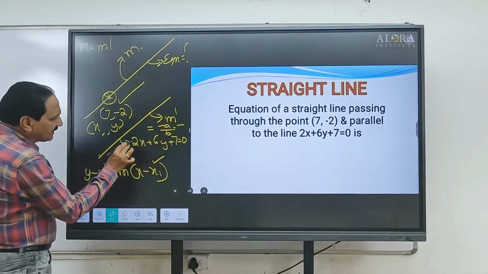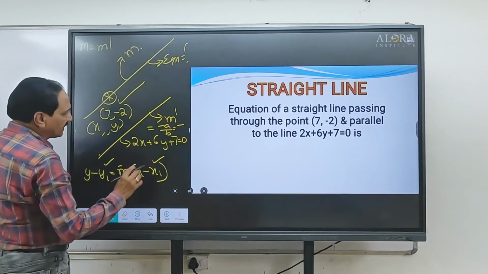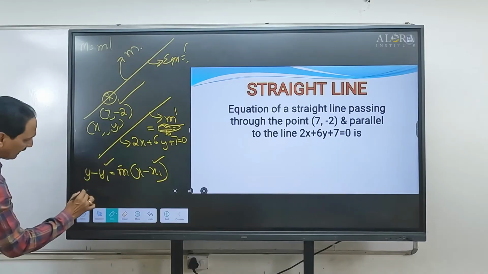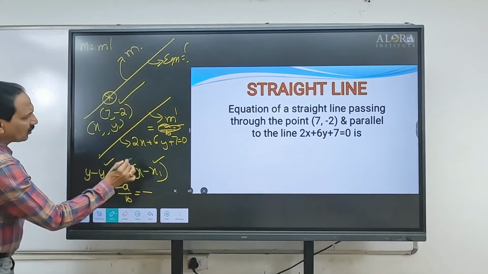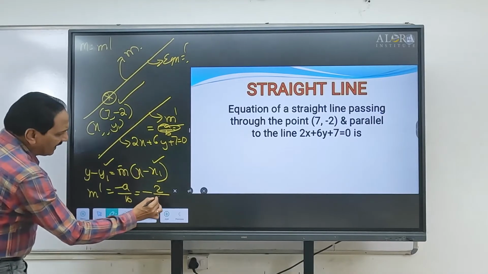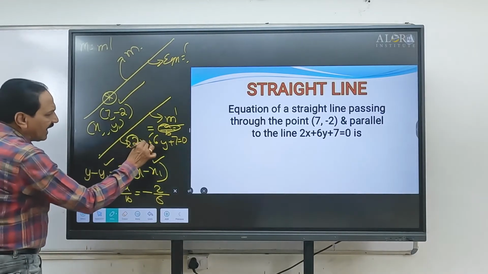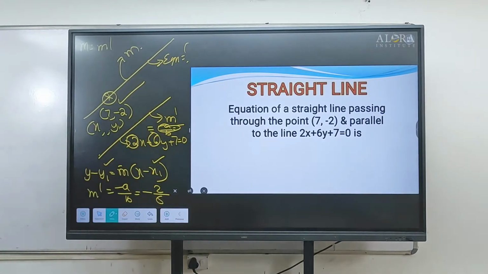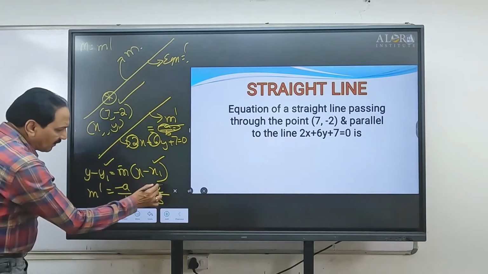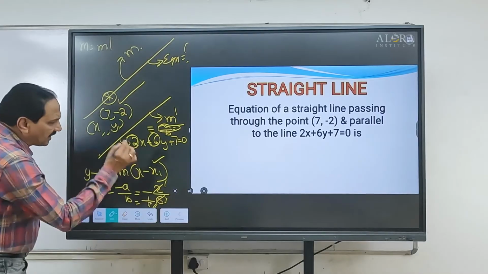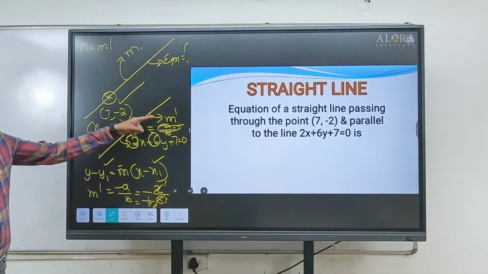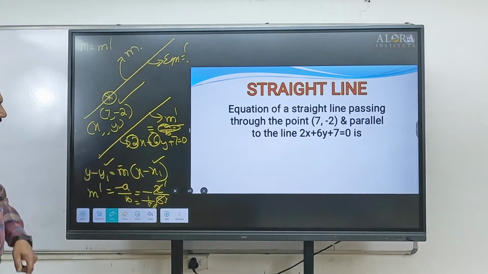So m dash is equal to minus a upon b, that's equal to minus 2 divided by 6, where this is your a and this is your b. Two ones are two, two threes are six, that's equal to minus 1 upon 3. We got the value of slope m dash as minus 1 upon 3.